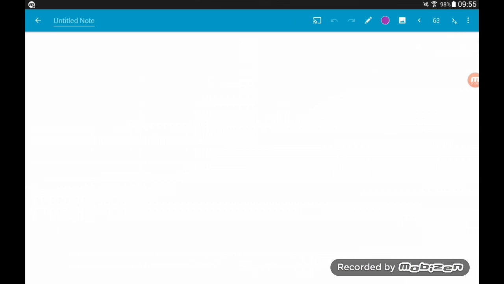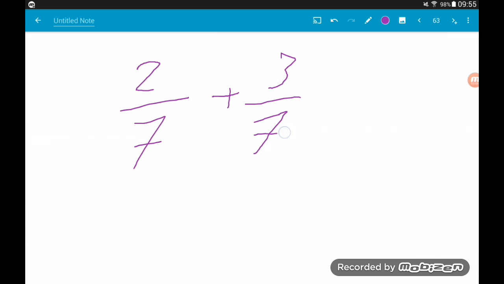Before we get the algebra involved, let's just have a little recap on adding and subtracting normal fractions. When we have common denominators, say here we want to do 2/7 add 3/7, we've got the same denominator, so there's no problem.